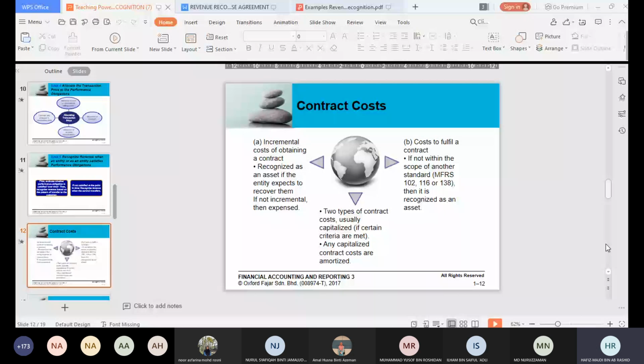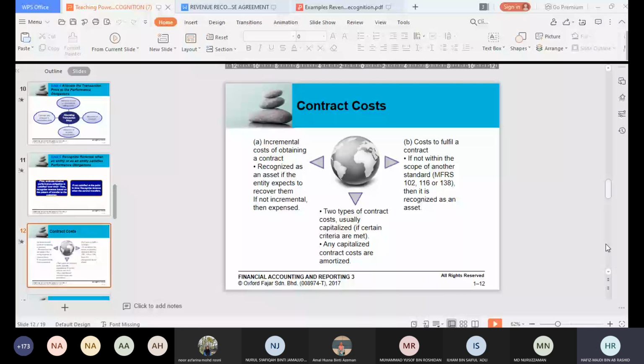For example, in order to fulfill a contract, you might need to provide some modification to your equipment. You have the machine already, but maybe there are some unique specifications which you need to fulfill, therefore your machine needs to be improved or modified. Such costs can be capitalized, deferred and amortized over the contract period.